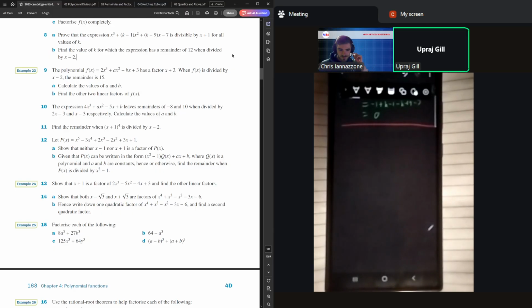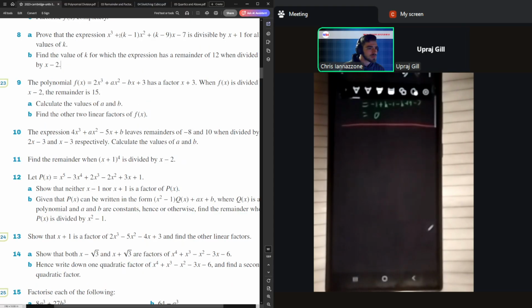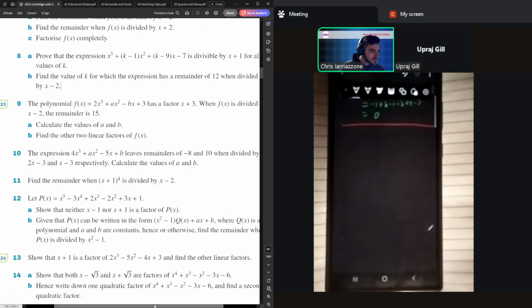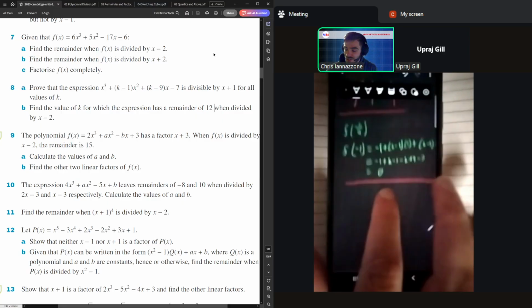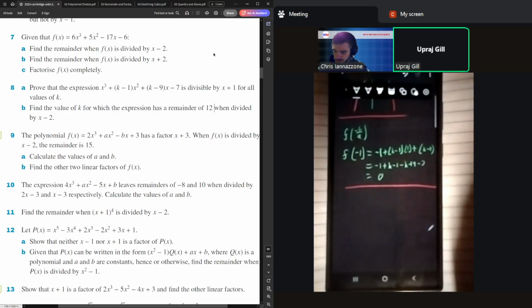How would you use the remainder theorem in this instance? Do we do f of 15? Oh, wait, hold on, f of 12, sorry. Not quite f of 12, because 12 is the remainder. Remember what went in the brackets of our function last time? Negative b on a.